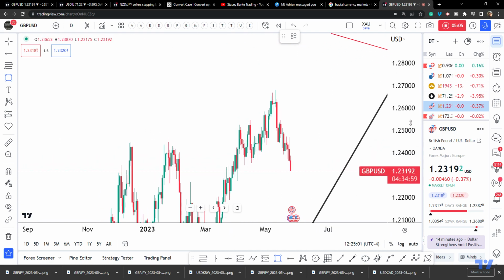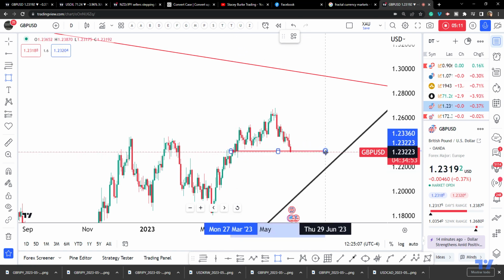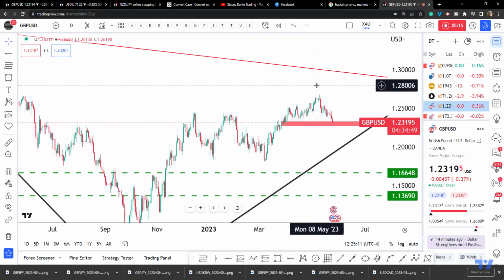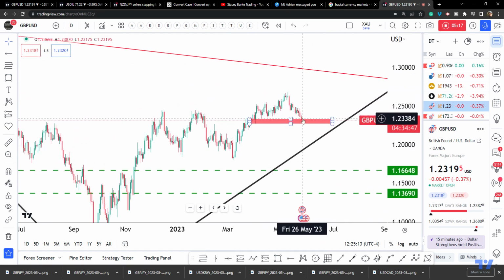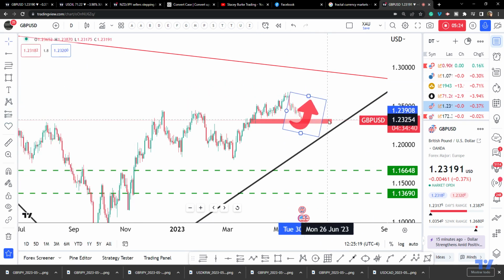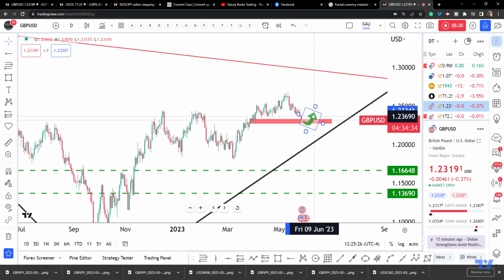So at this point, you might say, well, I think we're coming into a support area, and I'm going to be looking for the market to decelerate on the daily chart and start to move higher at some point, in line with your monthly thesis.